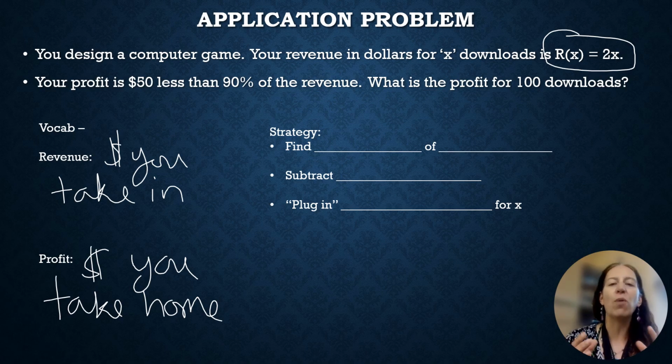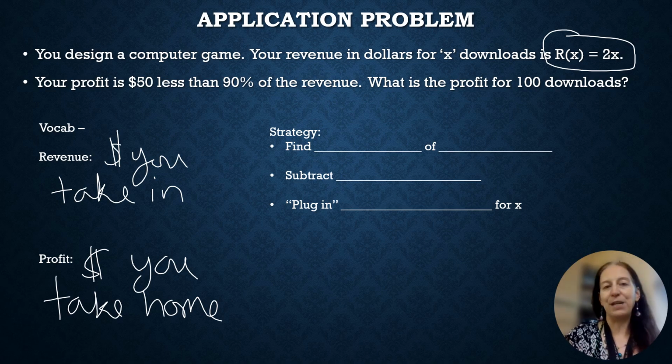So now that we know what the vocab means, it says your profit is $50 less than 90% of the revenue. Where you might get tripped up is you can see there are 2 different things going on here. $50 less probably means you subtract 50. And then 90% of the revenue is kind of like finding a tip in a restaurant. If you're going to tip 20%, you have to do 20% of the bill. So it's an operation you have to carry out.